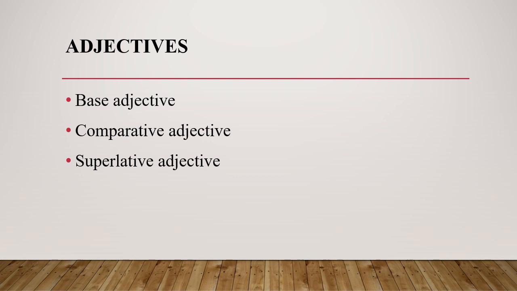These are what we can call regular adjectives, but adjectives again can be irregular, like for example good, better than, the best, bad, worse than, the worst. These adjectives are irregular adjectives.